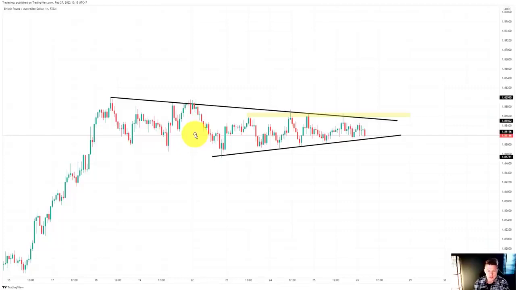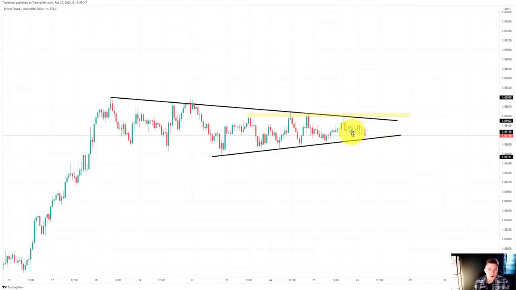Next is the pennant, and the pennant is probably something in between a flag, a wedge, and maybe even a triangle. So what do we have? We have an uptrend, and then we have a lower high area here and a higher low area here. So the market is moving into the top of this pennant.